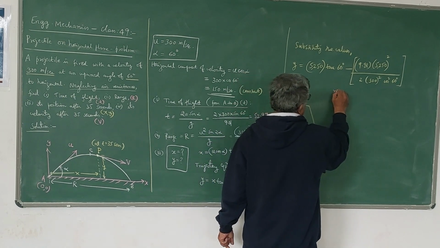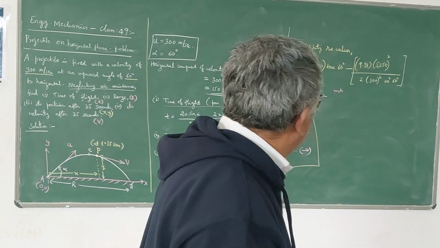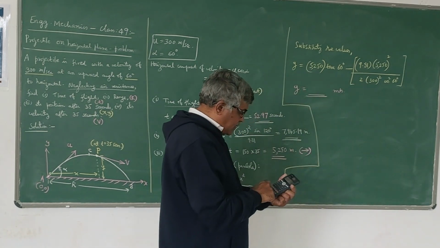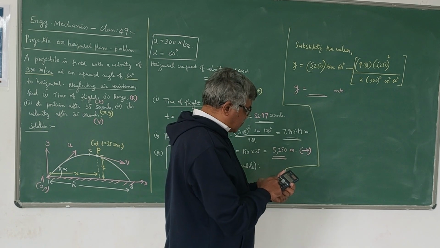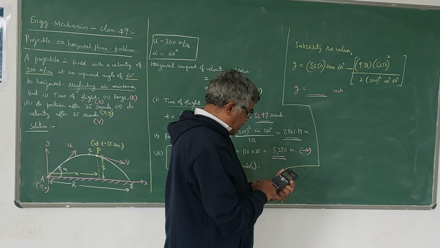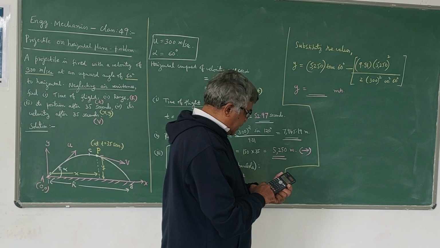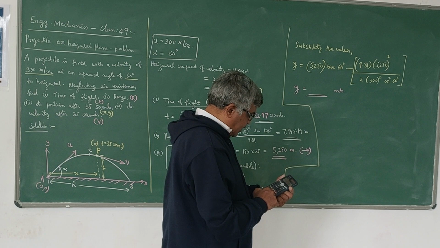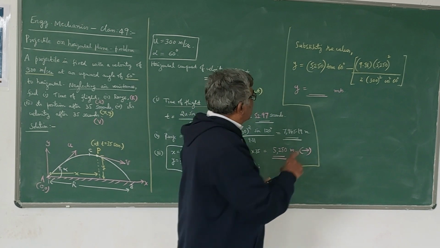So let us see what is the value of y you are going to get. So simplify it carefully using the calculator. First I will do this: 9.81 into 5250 square divided by 2 divided by 300 square, that is 9 followed by 4 zeros, divided by cos square 60. So you are going to get this value now.